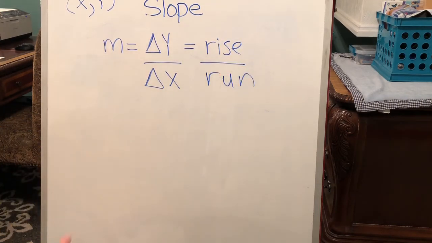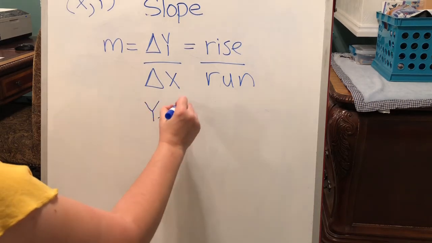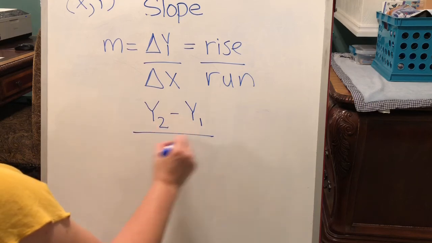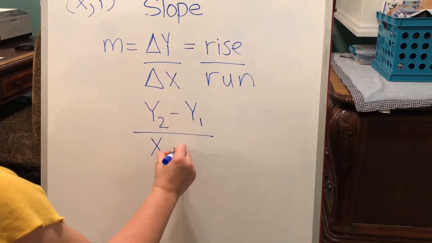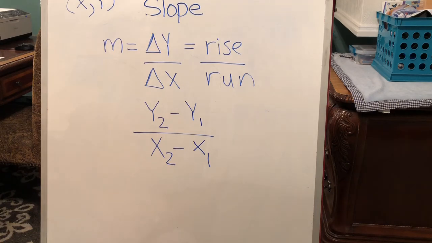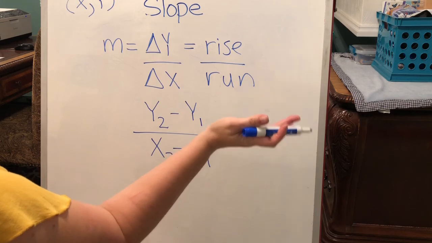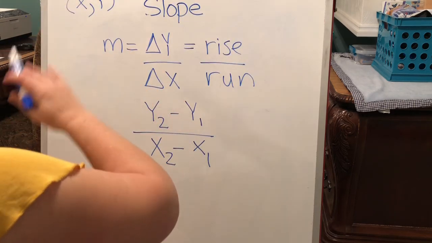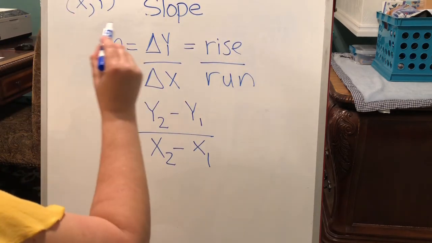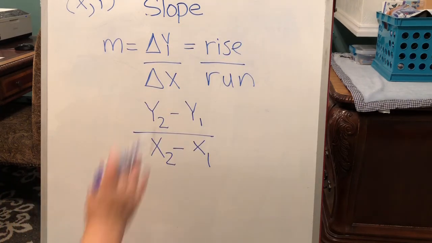Or if you have 2 points, you can also express that as y2 minus y1 over x2 minus x1. These are all ways to think about slope. If it's leaning to the right, you're usually going to find it's positive. You lean to the left, it's negative. And horizontal lines have a 0 slope, and vertical lines are undefined.